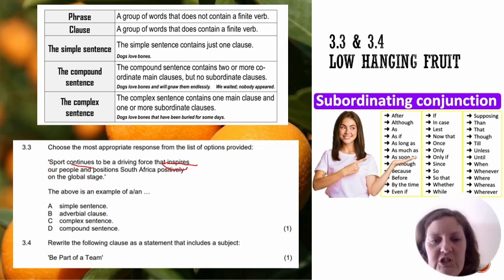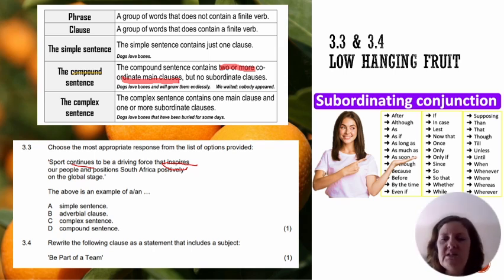Let's look at the definition here of a compound sentence. Okay? A compound sentence is a sentence that contains 2 or more coordinate main clauses, okay, but no subordinate clauses. So a compound sentence contains 2 clauses, 2 finite verbs, joined by a conjunction.